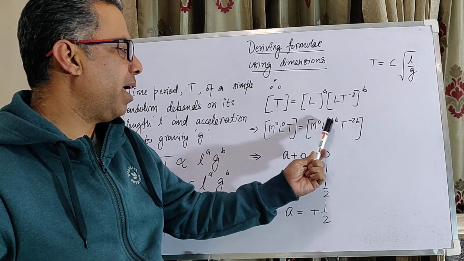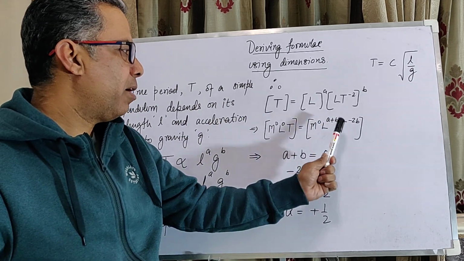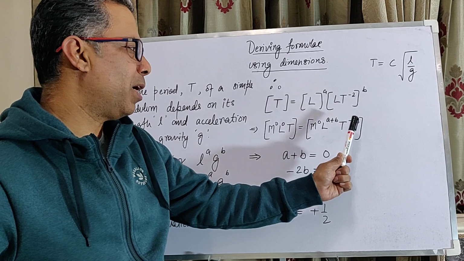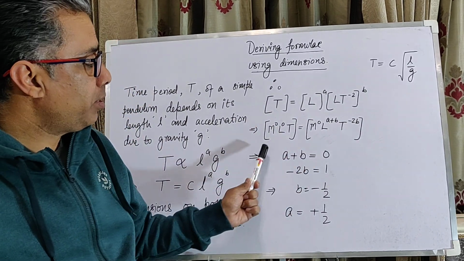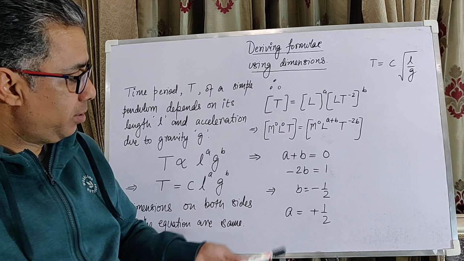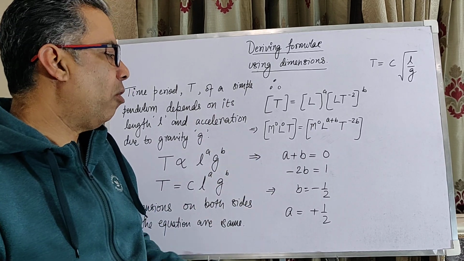The power of L has to be same on both sides, a plus b is 0, power of T has to be same on both sides, so minus 2b is 1. We now have two equations involving two unknown quantities. Such simple linear equations can be easily solved.